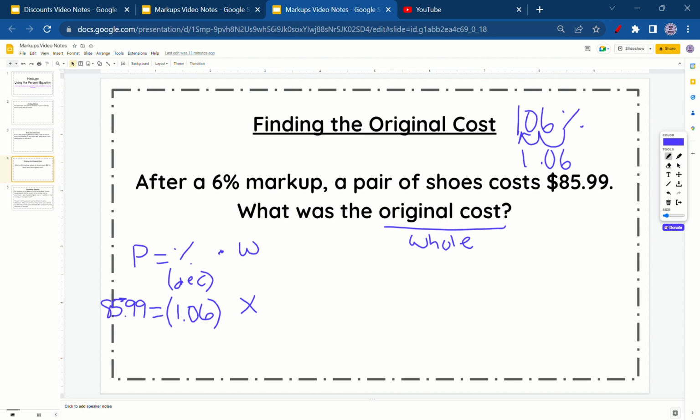All right, so now we are going to divide both sides by 1.06. And then we get $81.12.